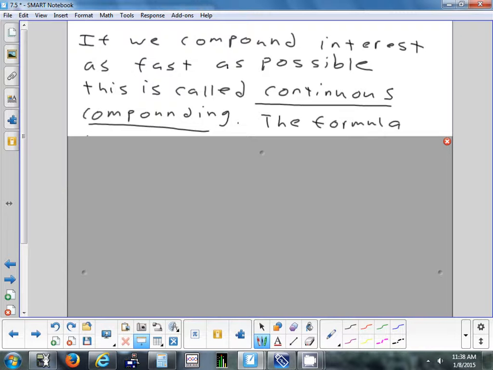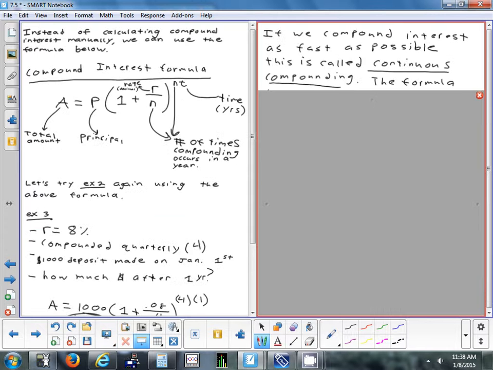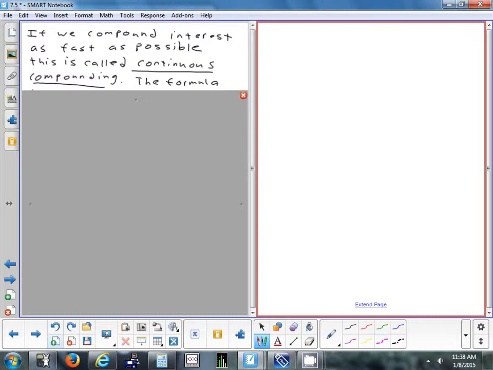That's called continuous compounding. Okay, what that means is the very tenth of a second, as fast as you earn the interest, the money is deposited right in your account. Okay, that's called continuous compounding.